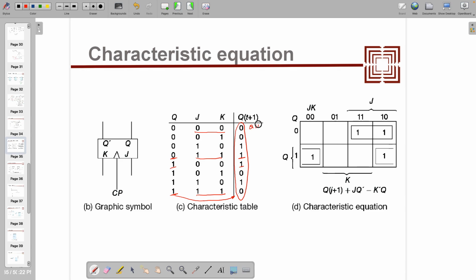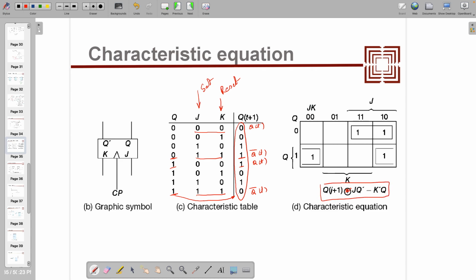So here it's Q of t, here it's Q bar of t, here Q of t, Q bar of t, and in the case of this one, this is set and this is reset. When set equal to 1, my Q of t has to be 1, and when reset equal to 1, Q of t has to be 0, right. So that is what kept it over here, and accordingly this truth table, the K map has been made and this equation has been found out.